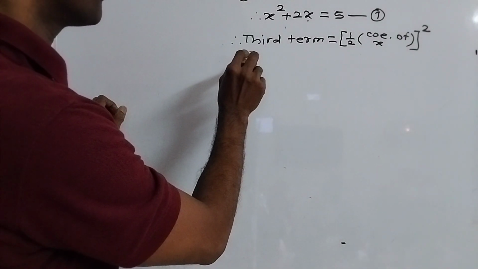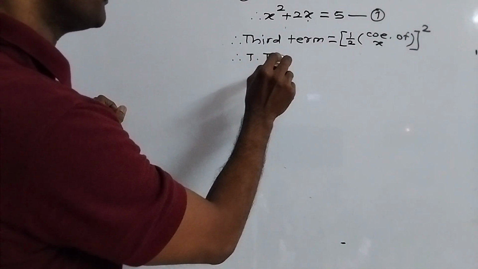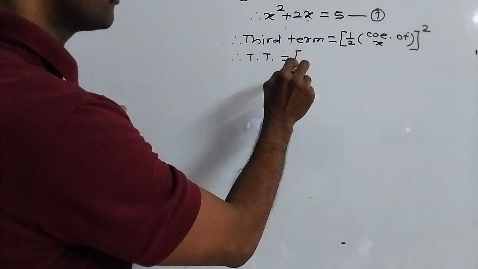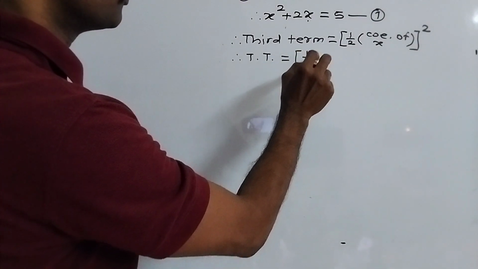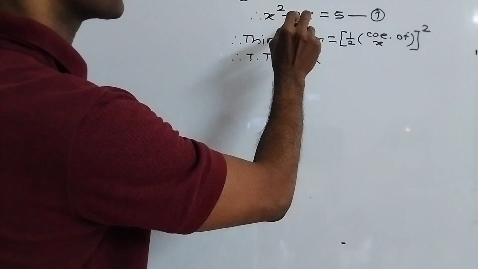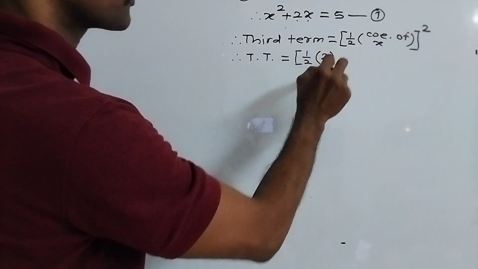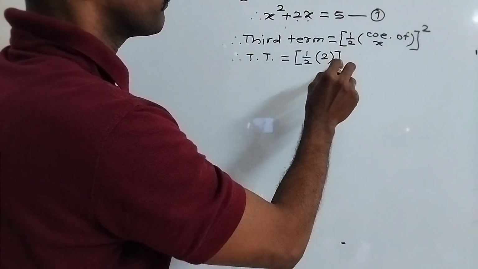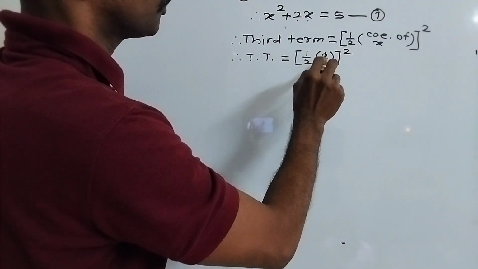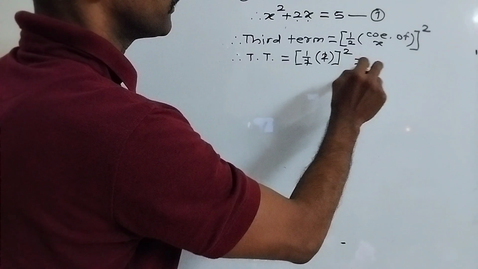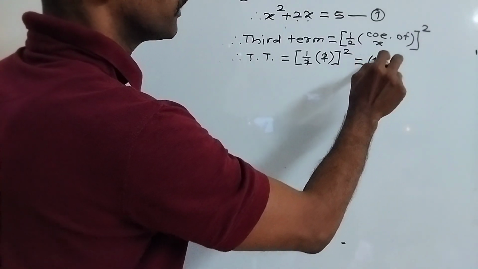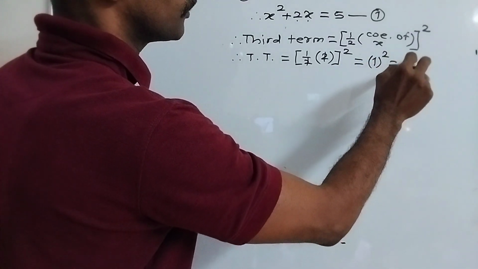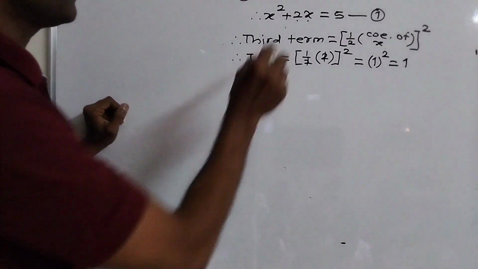Therefore, third term is equal to 1 upon 2 and the coefficient of x, what is it? Plus 2. So there is no need to write plus. Bracket square. 2 and 2 cancelled. Therefore, 1 square is equal to 1. 1 square is 1.